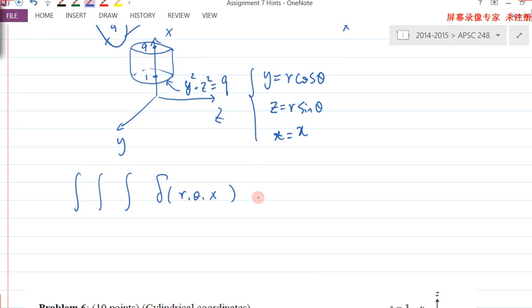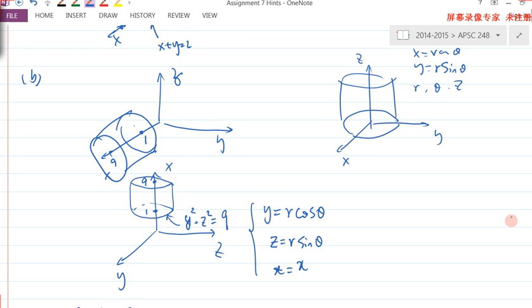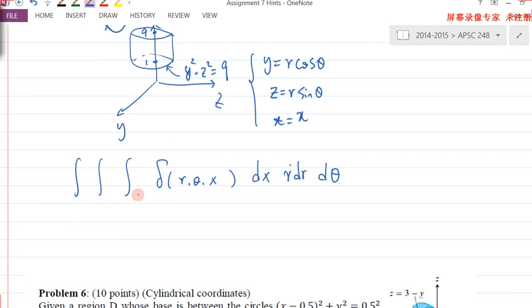Then in terms of the integral, we do dx first, then r dr, and d theta. Typically in this case we do dz, right? But now this side is x.